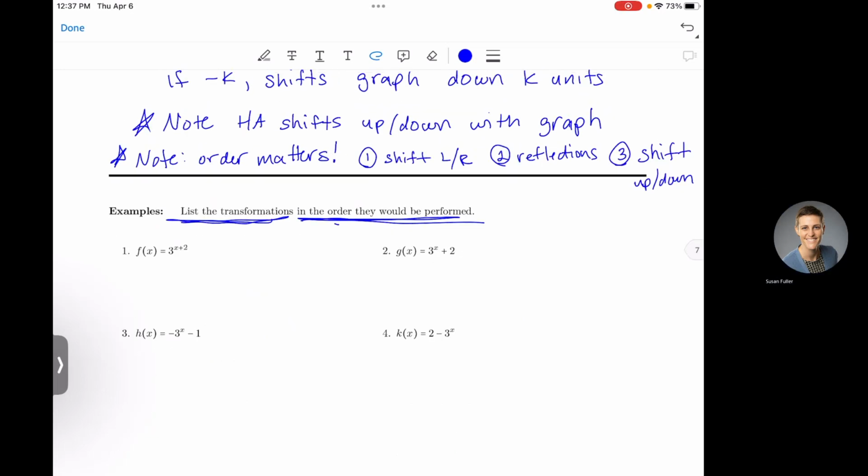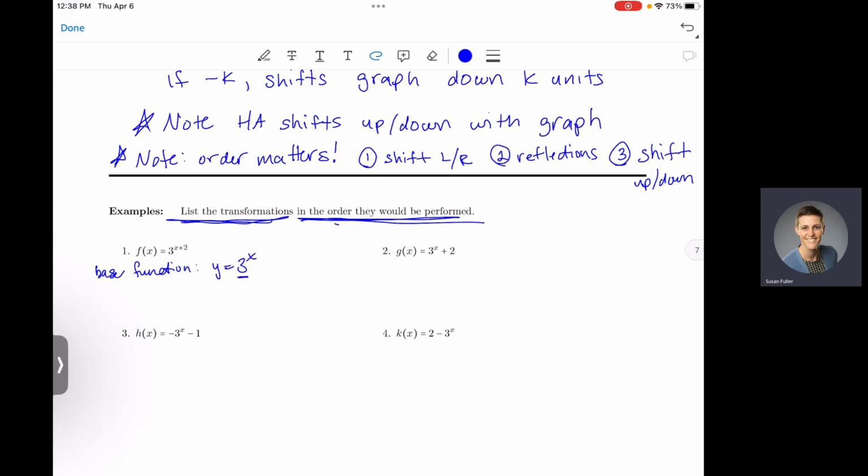Okay, so with that in mind, let's figure out how to do this. So our function here, f of x equals 3 to the x plus 2 power. Now, our base function here, which is the one that we would graph first and we would be transforming, is y equals 3 to the x.